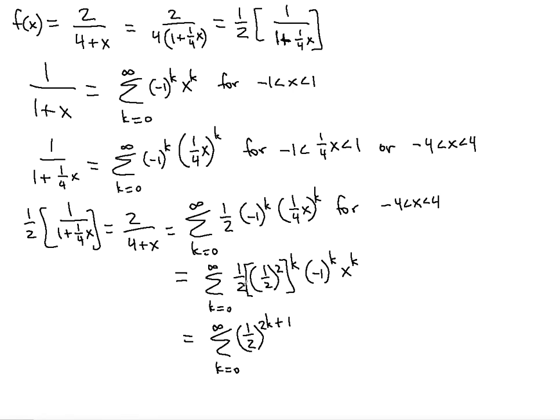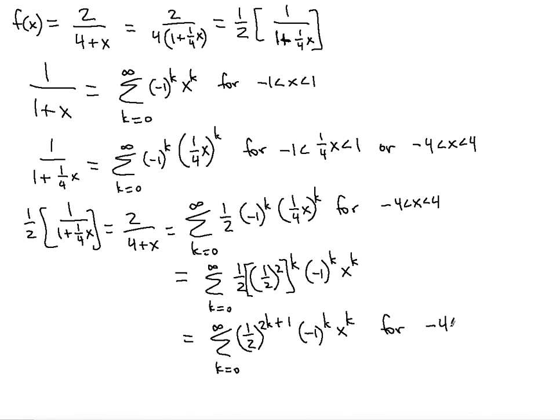And then negative 1 to the k multiplied by x to the k. And I don't want to combine the negative 1 with the x, even though they're both raised to the kth power, because we want to make it look like the original, except now the difference is we're going to have 1/2 set to the 2k plus 1 power. But everything else is the same, right?